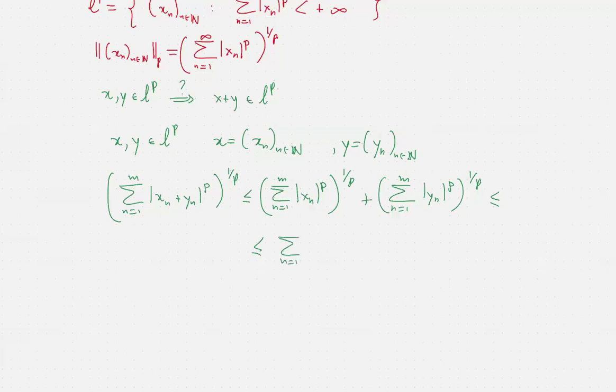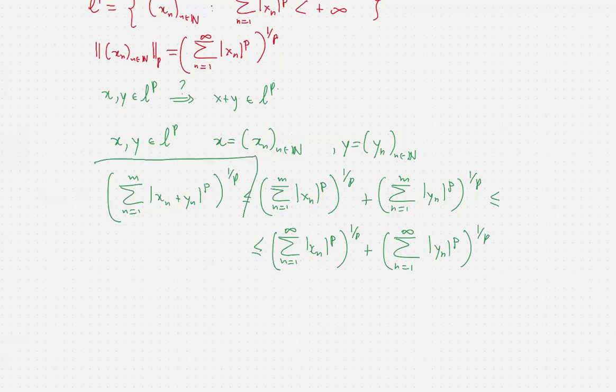So the infinite series converge. Okay, and now you have an expression that depends upon m, which is always less than or equal to this number, which is a constant. This is a non-negative real number. Okay, it doesn't depend on m.